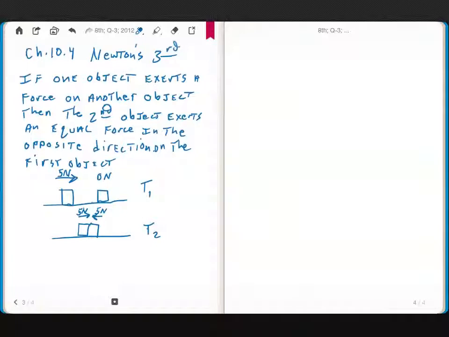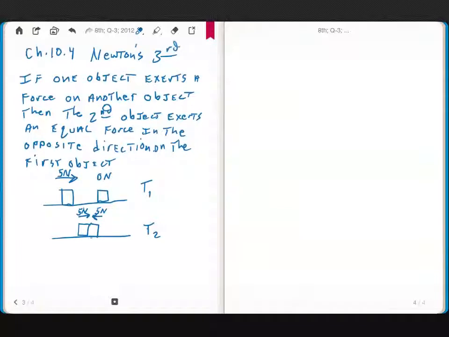So in this example, the first block is going to hit the second block, and the second block is not going to move. There's another factor involved in this, and I'm going to get to that in just a minute, that explains why. Yeah, so it depends on mass. Good.